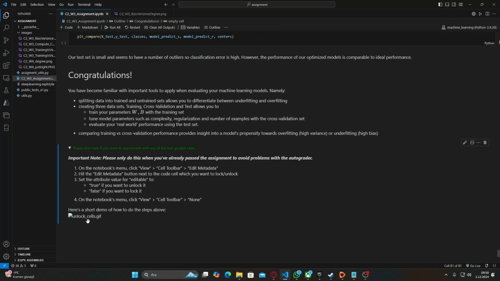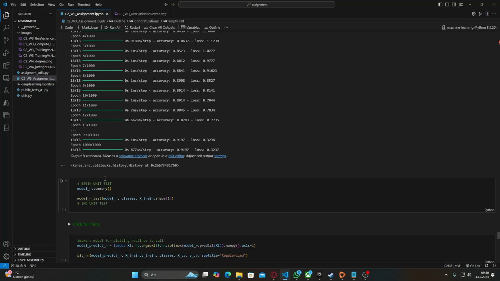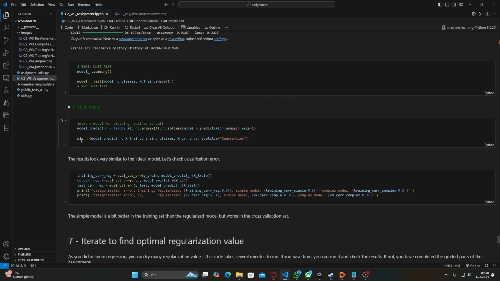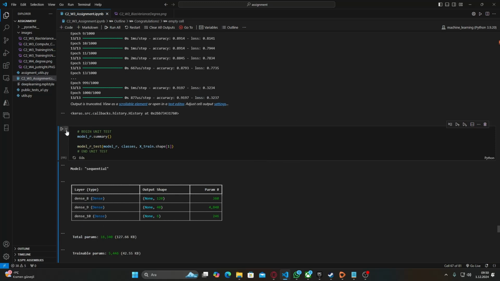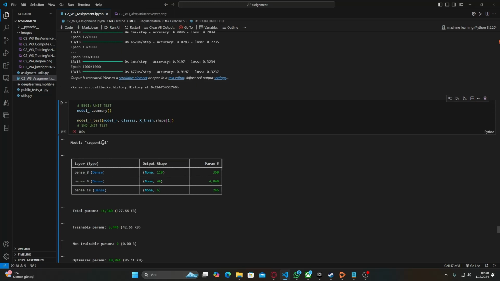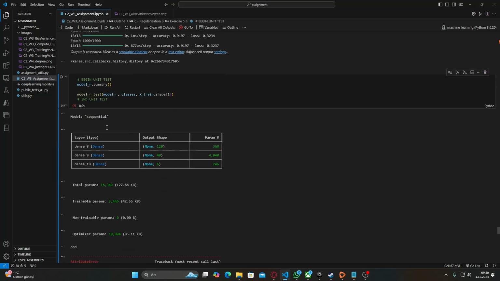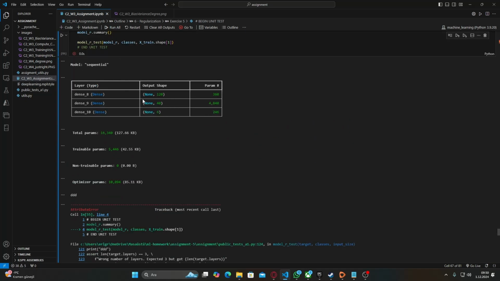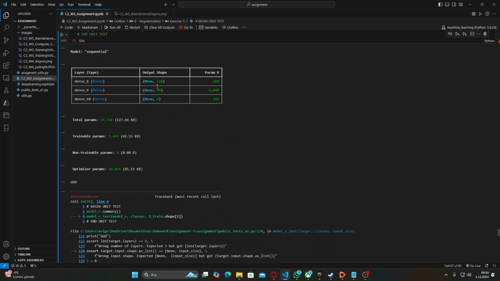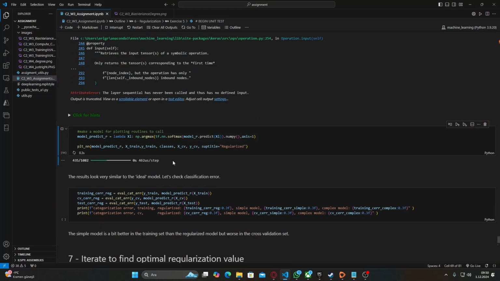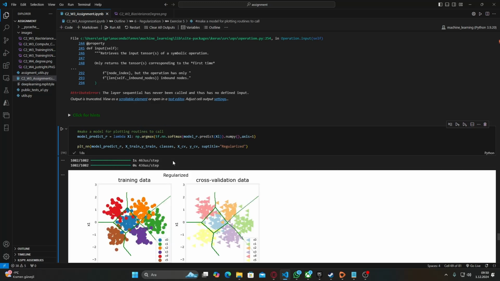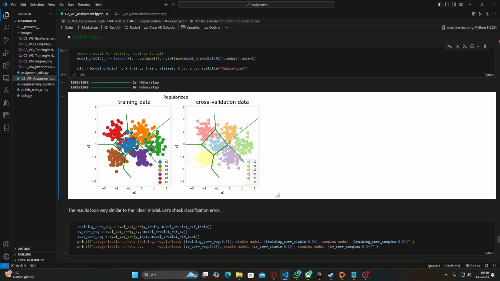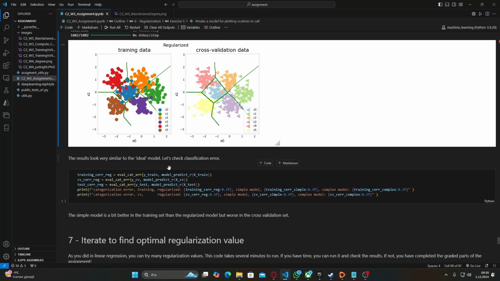Okay, I'll check it later on. Let me check this one. Here we were in the regularization part, the last part for the gradients and model, sequential. Yeah, actually you're right there. And sequential in here, so it gives the parameters and the output shapes. Let me run it. Okay. The training data is showing us, and it looks very similar to the ideal model.